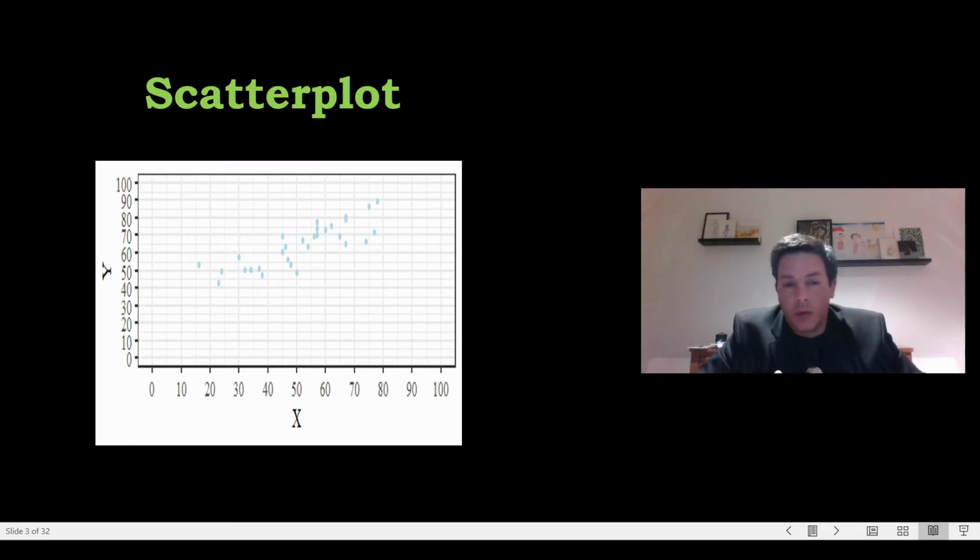Okay, one way of representing a correlation is with a scatter plot. In a scatter plot, you've got the observations, represented by dots, and those dots represent the score of one participant in one of the variables and the score in the other variable as well.